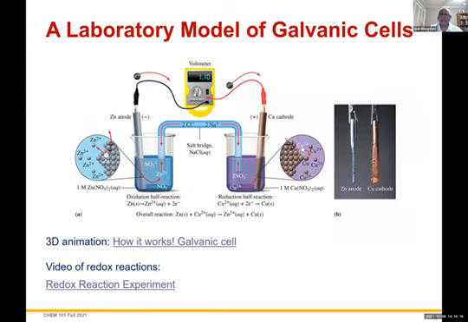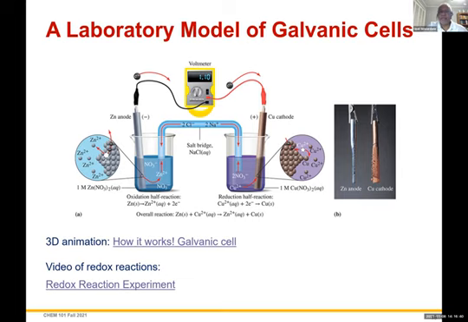Now let's look at the galvanic cell in more detail. The first reaction we could talk about is zinc going into zinc 2+ and copper 2+ from the solution depositing on the copper cathode.